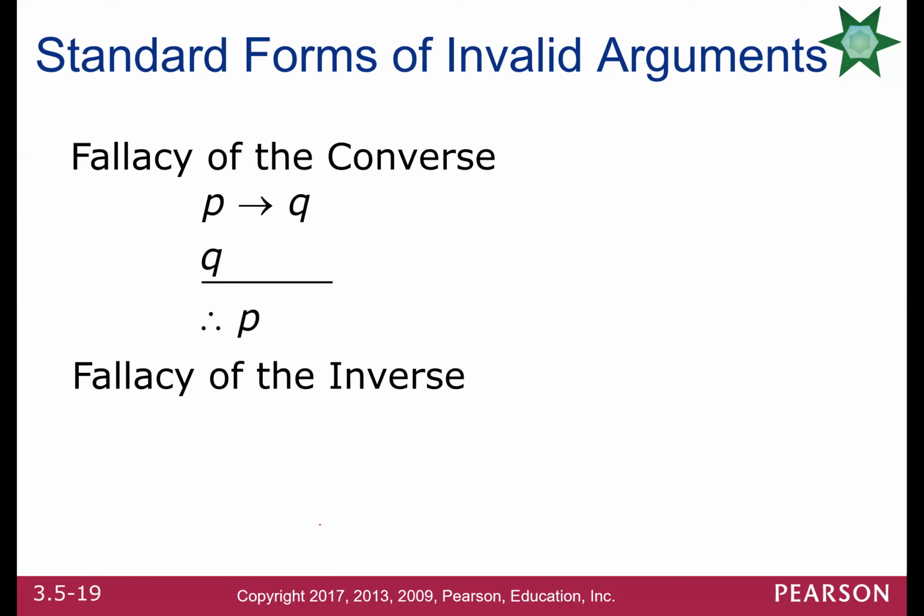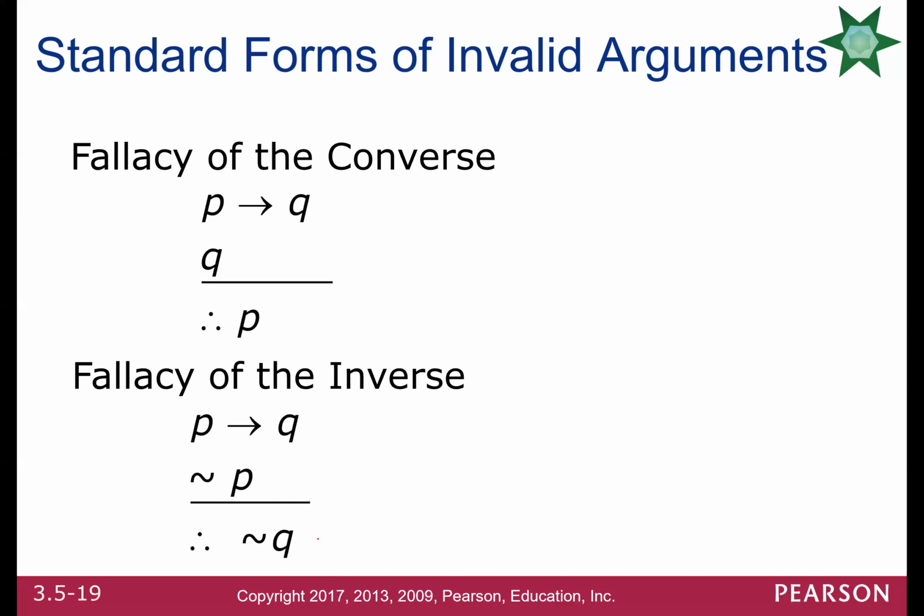The second invalid argument form we have is the fallacy of the inverse. And this looks like this. The first premise is if P, then Q, the conditional. The second premise is the negation of P. The conclusion is the negation of Q. This is not a valid argument.